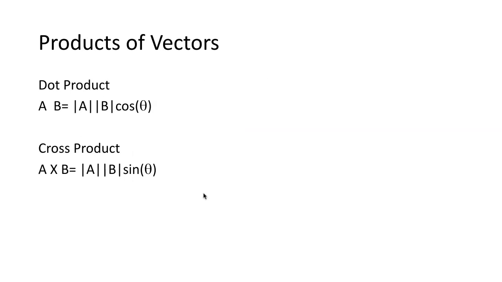Vectors can also be used in multiplication. There are two types of multiplication we can use with these vectors: the dot product and the cross product. The dot product is your typical multiplication, represented by a dot, and it means that you're multiplying the magnitude of A, a vector, by the magnitude of B, another vector, and then multiplying the two values by the cosine of the angle between the two vectors.